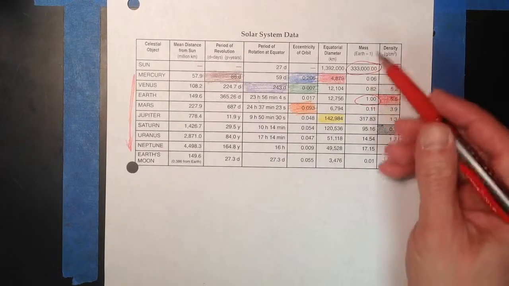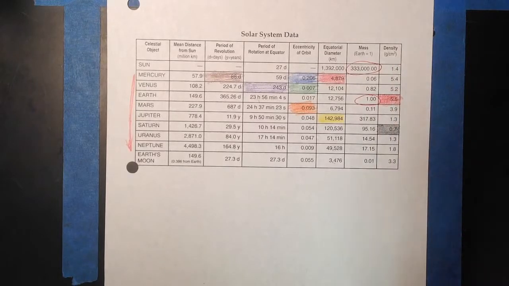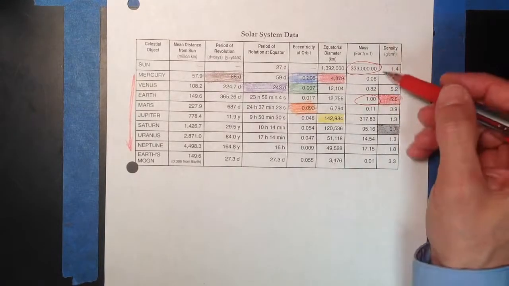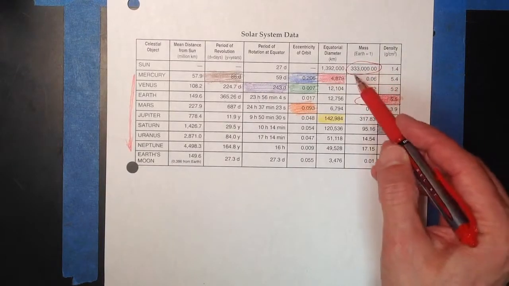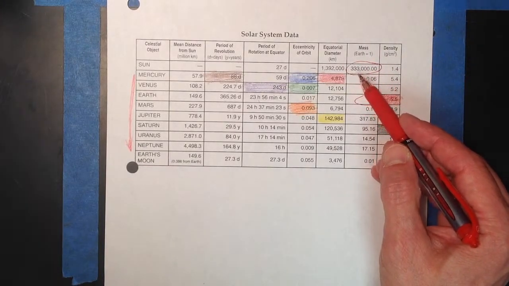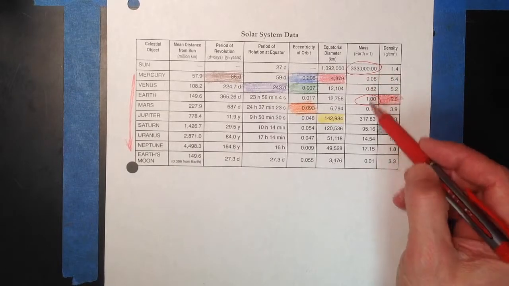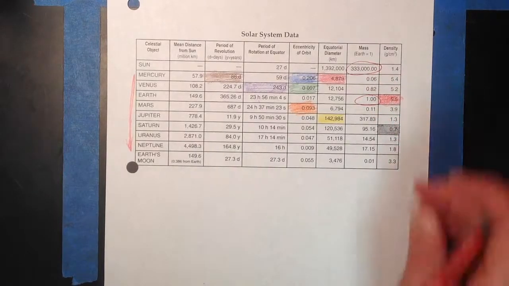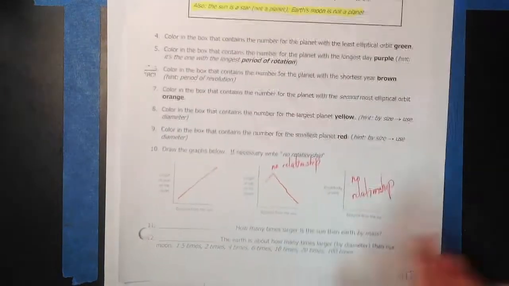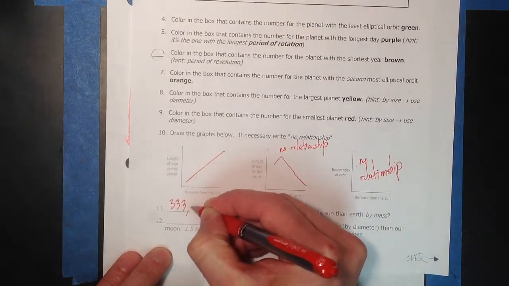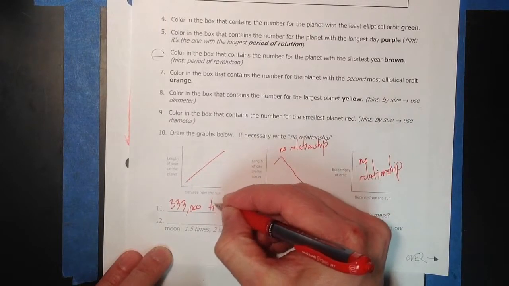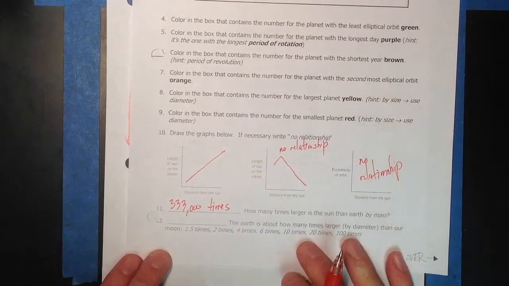So if Earth is 1, the Sun's mass, the weight basically to simplify, is 333,000 times more mass than Earth, which is really hard to wrap your brain around, but that is the answer, which is really crazy.